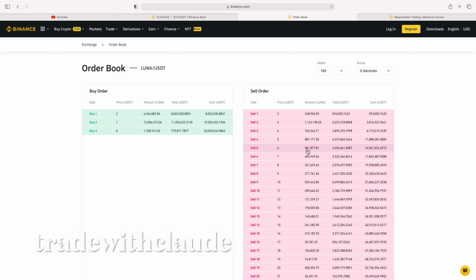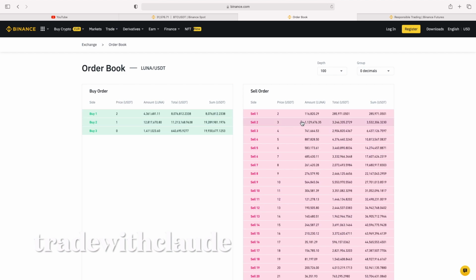If you add the amount of people willing to buy this amount of Luna at this level, let's say from $10 to this, it would not surpass this level. Now we have over 12 million Luna that these buyers are willing to buy at the price of $1, and the sum in USDT is about 19 million USDT.